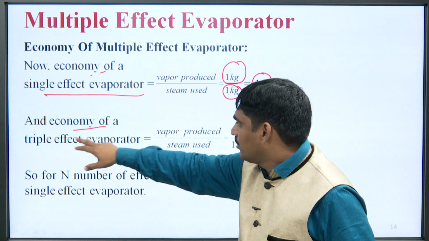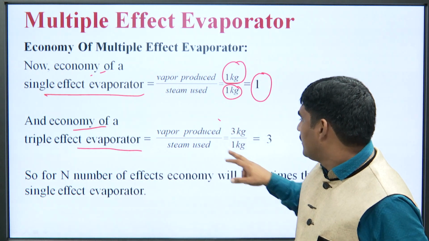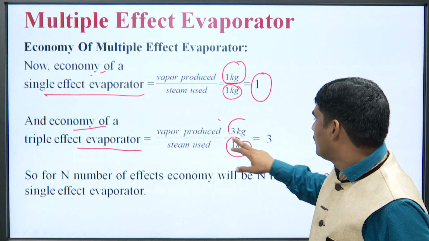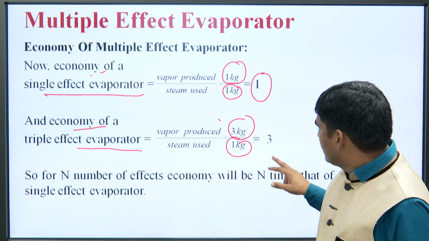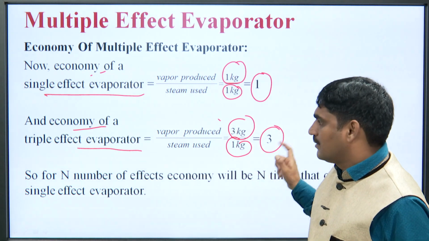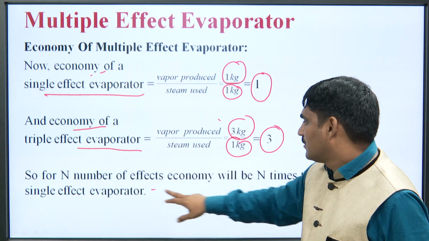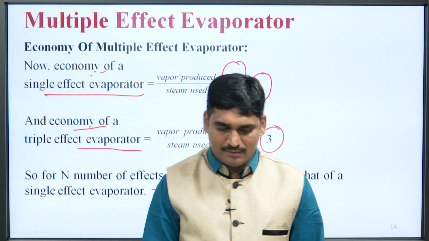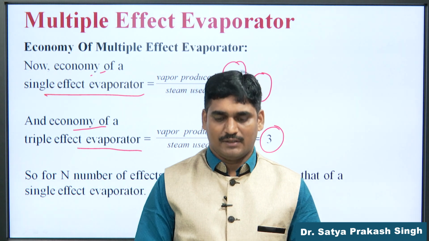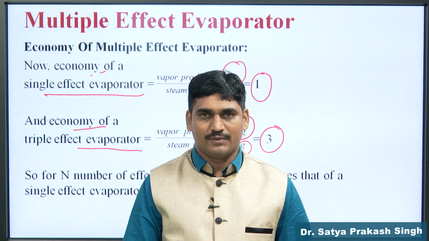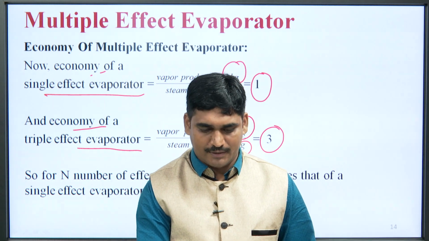Now, the economy of a triple effect evaporator: here 1 kg of steam is used to produce 3 kg of vapor, so the total economy is 3. So, n number of effects produces n times the economy of a single effect evaporator.